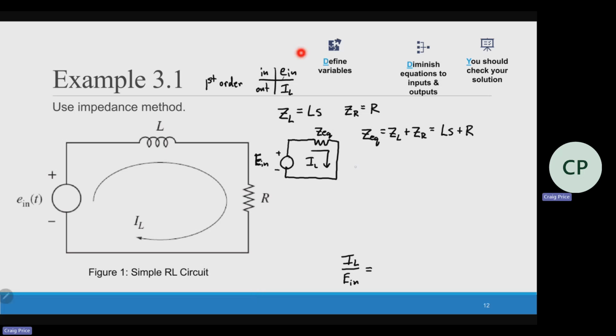Well, if I do a KVL around here, I have En minus the voltage of Z equivalent gets me back to 0. So En is equal to the voltage across that equivalent impedance, which is equal to the impedance times the current.